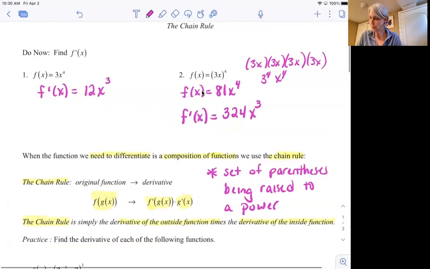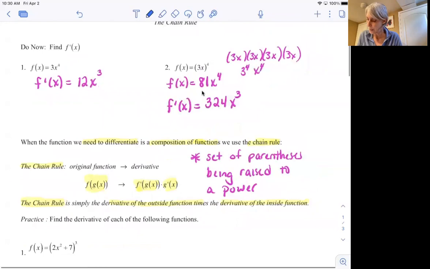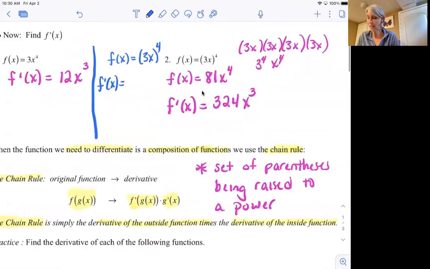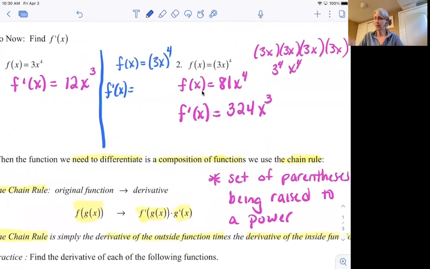So I'm just going to, in a different color, go back up here to this guy. If f of x equals (3x) to the fourth, then f prime of x is going to be the derivative of the outside. So I'm going to take the derivative of the set of parentheses. Leave what's inside alone.